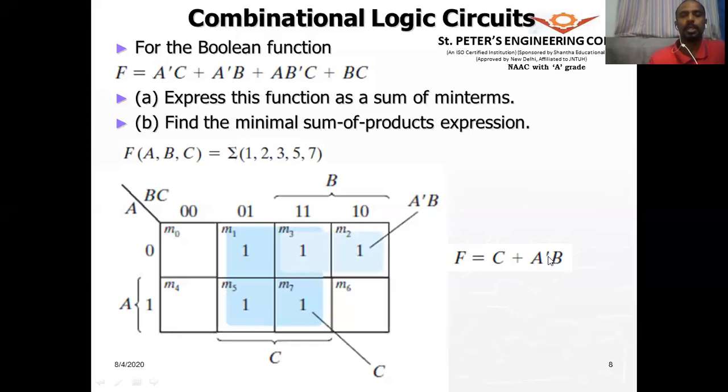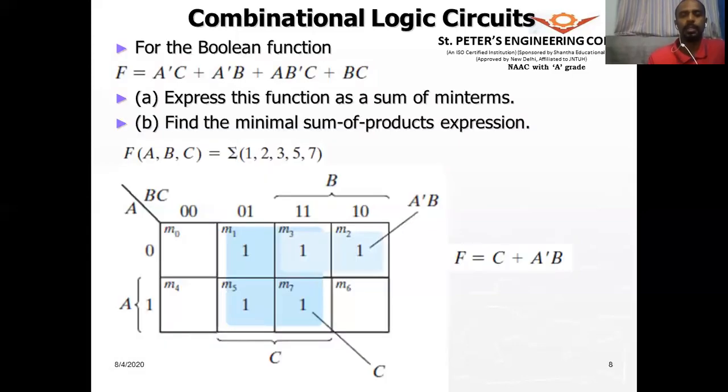So this is the minimum sum of products. All right. So we have simply written here the simplified expression, with minimum sum of products. These are the products and the sum. So sum of products, so it is the B solution.